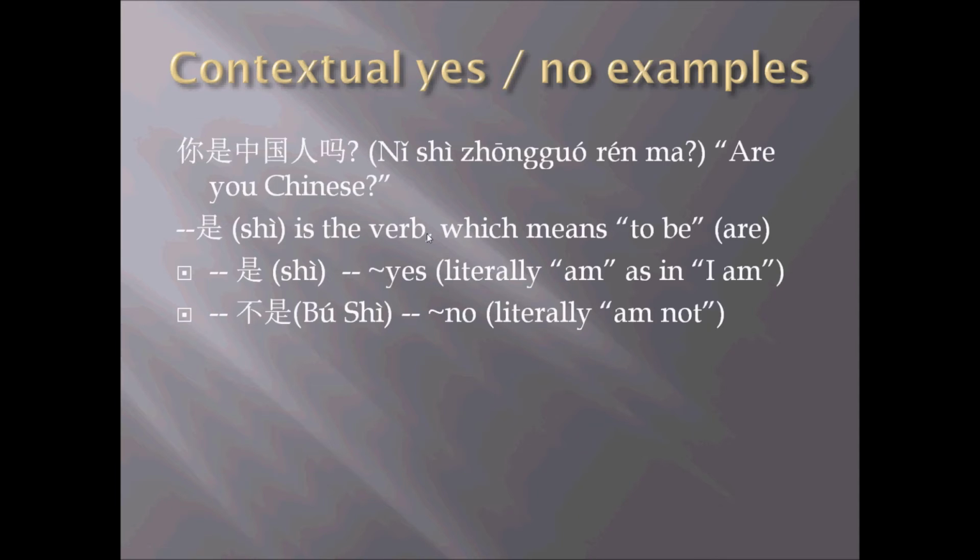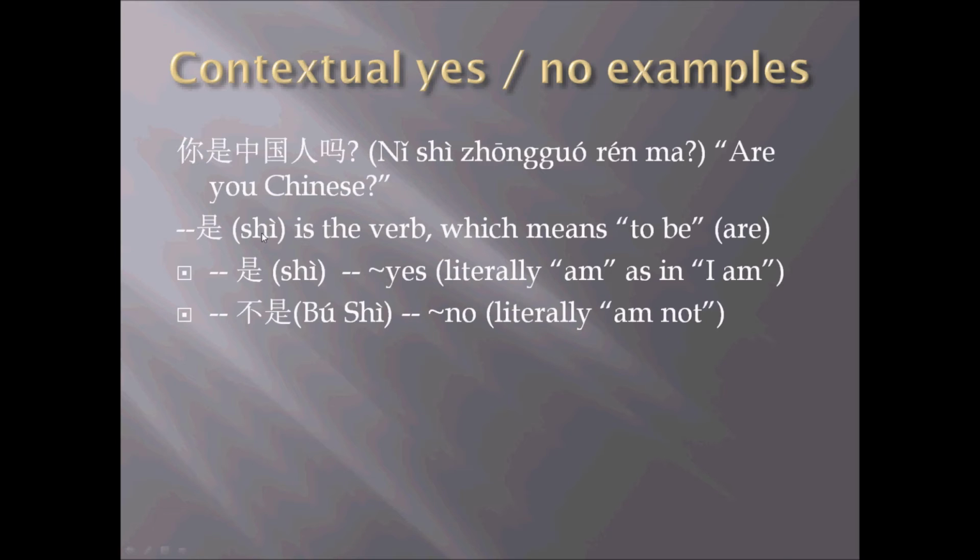你是中国人吗? If you're speaking simple Chinese, you should be able to understand this as well. 你是中国人吗? Are you Chinese? Literally, are you a Chinese person? So the verb in this context is 是, which literally means to be or is, am, are. In this context, it's translated to "are" in English. Are you Chinese? The "are" of that is 是.